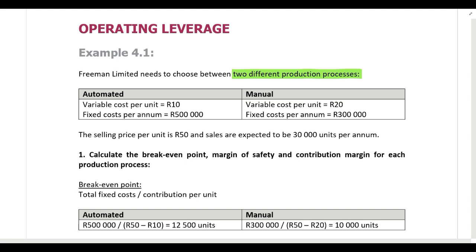So the manual process will have a higher direct labor cost. On the other hand, the automated production process will involve the use of machinery. So you can see the automated process has higher fixed costs per annum. The selling price per unit is R50 and sales are expected to be 30,000 units per annum.